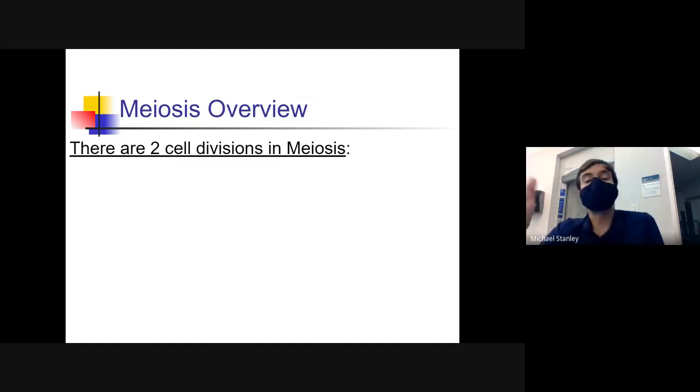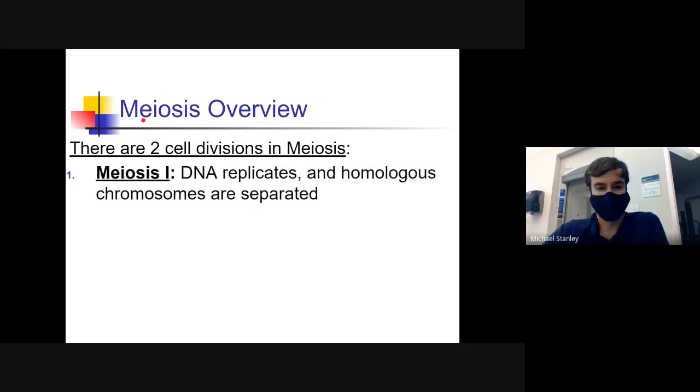All right. So we need to make these haploid cells. And I mentioned earlier, we have 4 cells that we end up with. So instead of just dividing our cell once, like we do in mitosis, in meiosis, we actually go through 2 full cell divisions.